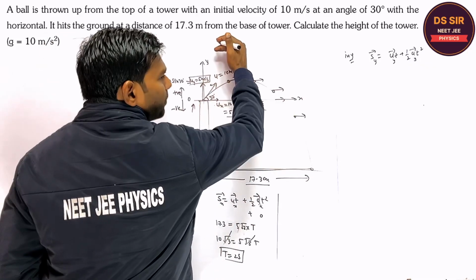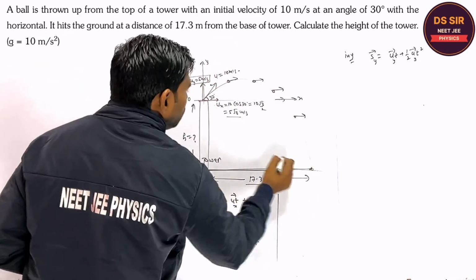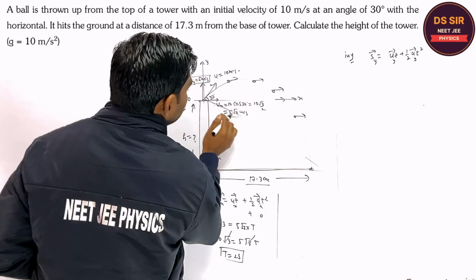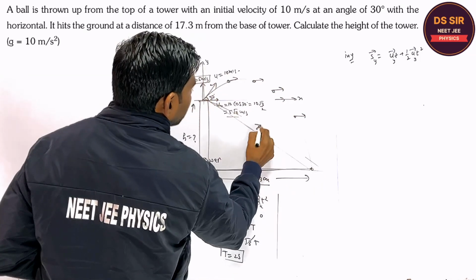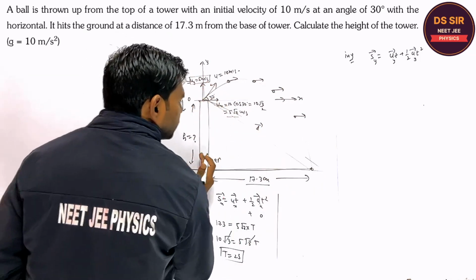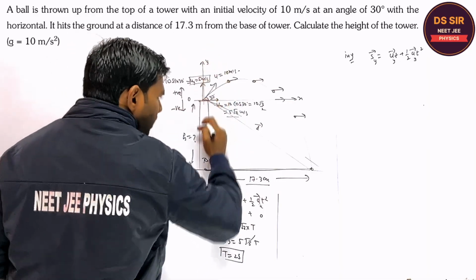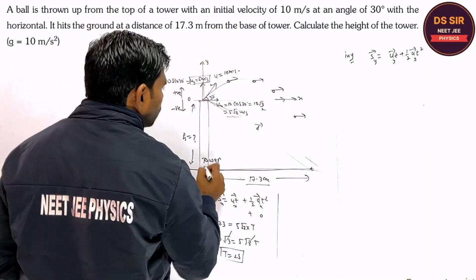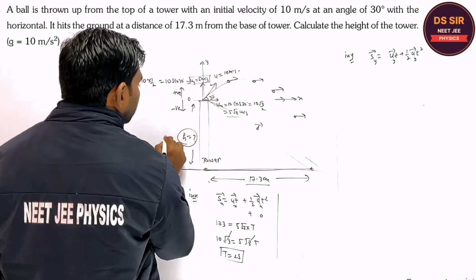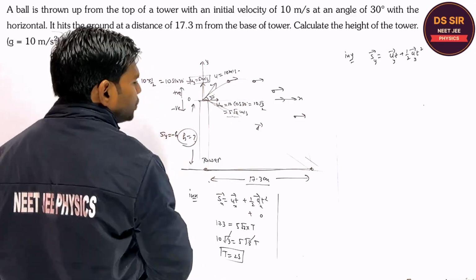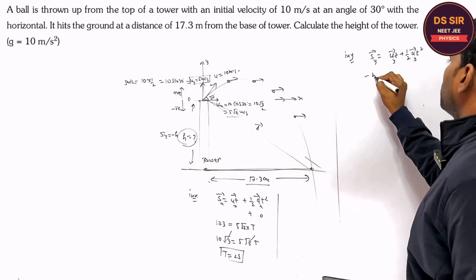The particle moves up and then comes down. This is the vertical displacement and horizontal displacement. The ball goes up and comes down vertically. So what is the vertical displacement? Say minus h, right? It is minus h.